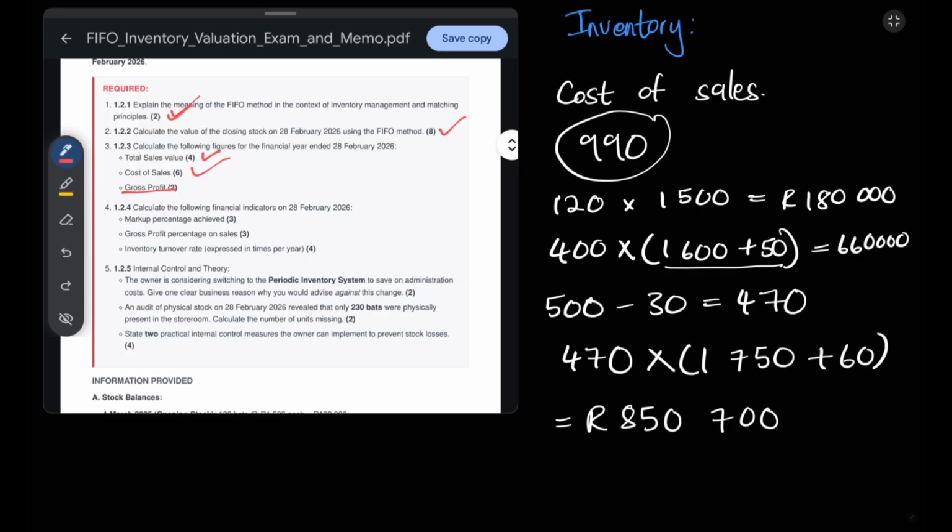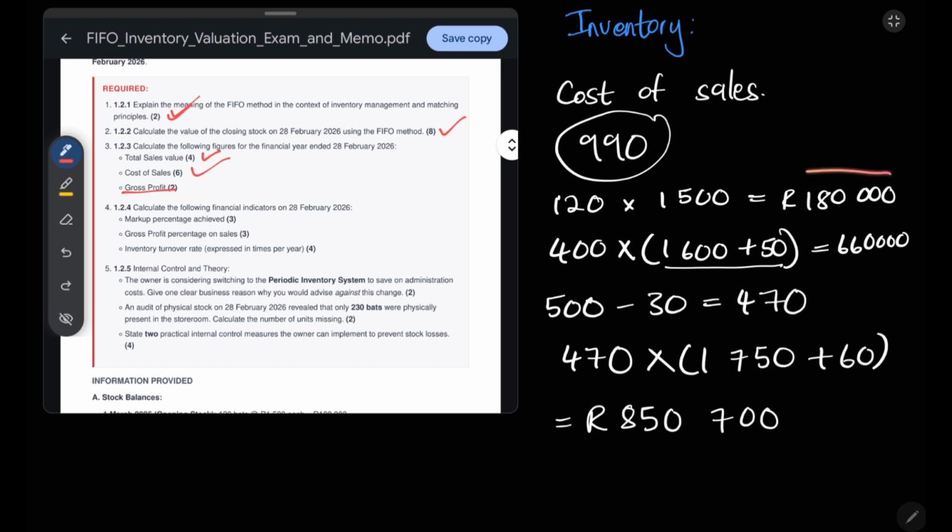Now, what should we do? We have to calculate our cost of sales. We've done all these calculations, however, we aren't done. We sold 120 units plus 400 plus this 470. In total, it's 990. So we have our units, however, we don't have our value.